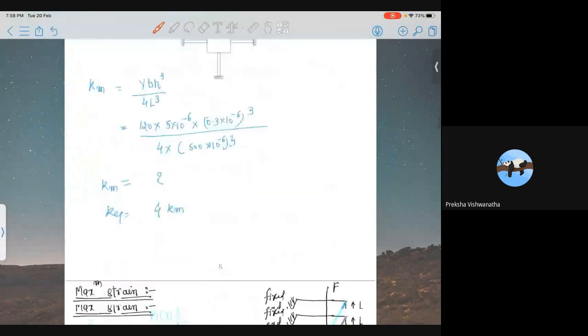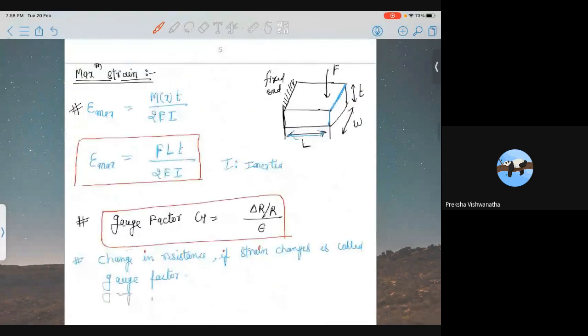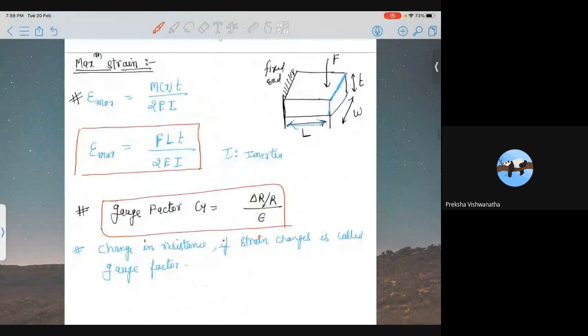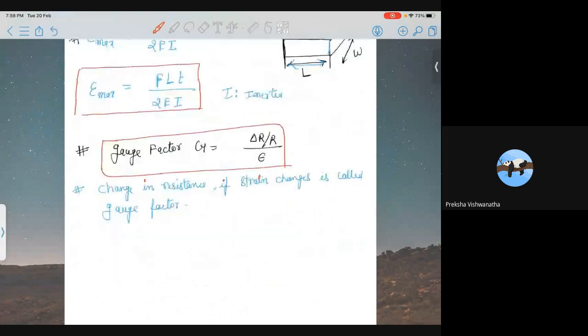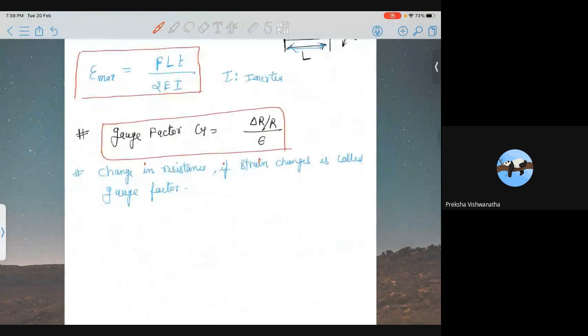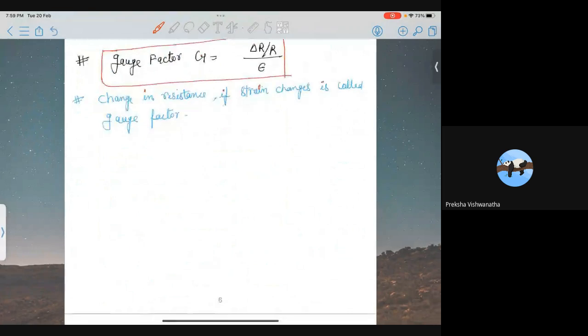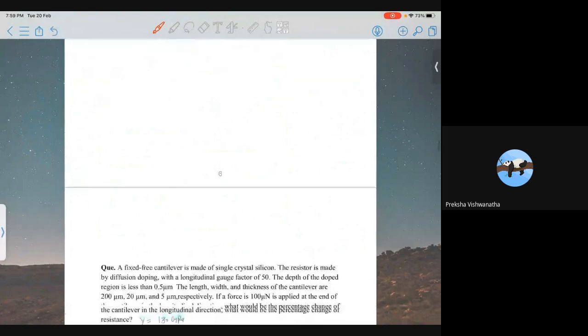Then we have seen some formulas, like how we calculate the maximum strain. Then gauge factor, which is the change in resistance when the value of strain changes. So it shows the changing property of the material.